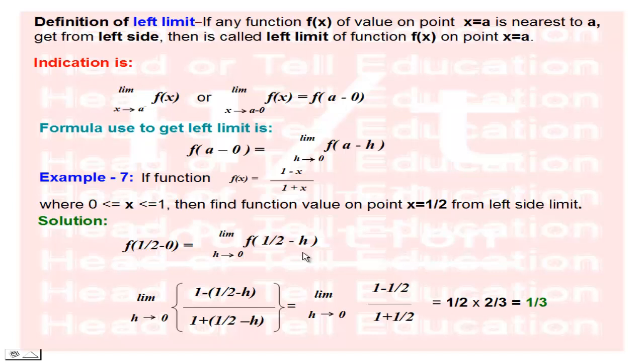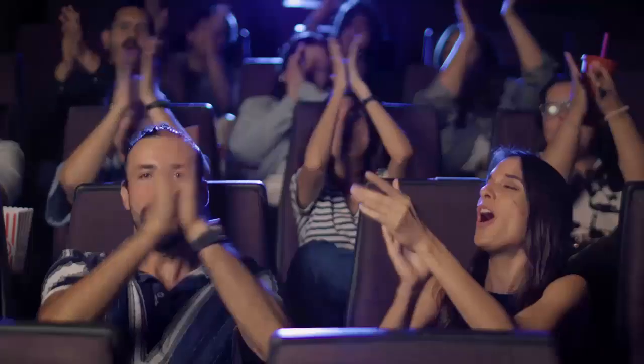Because half is between 0 and 1, we use this expression. So the limit as h tends to 0 of (1 minus (half minus h)) divided by (1 plus (half minus h)) equals (1 minus half) divided by (1 plus half), which equals half multiplied by 2 by 3, which equals 1 divided by 3. So this is the left side limit of the function.